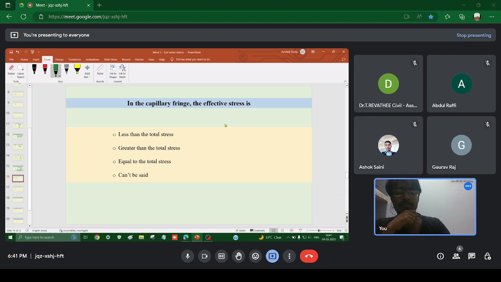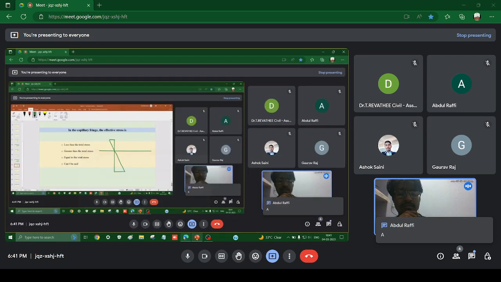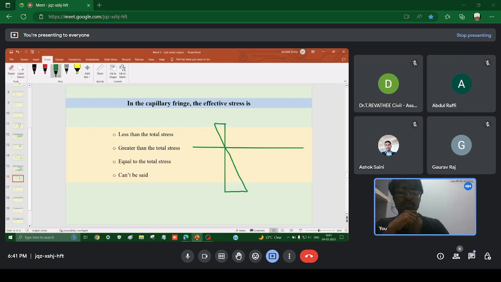If in the capillary fringe, I'm talking about this kind of pressure diagram, right? They have mentioned in the previous two questions. A, less. Effective stress is generally less than total stress. But if I'm talking about the capillary fringe, okay, in this capillary fringe, the pore pressure is negative, right?